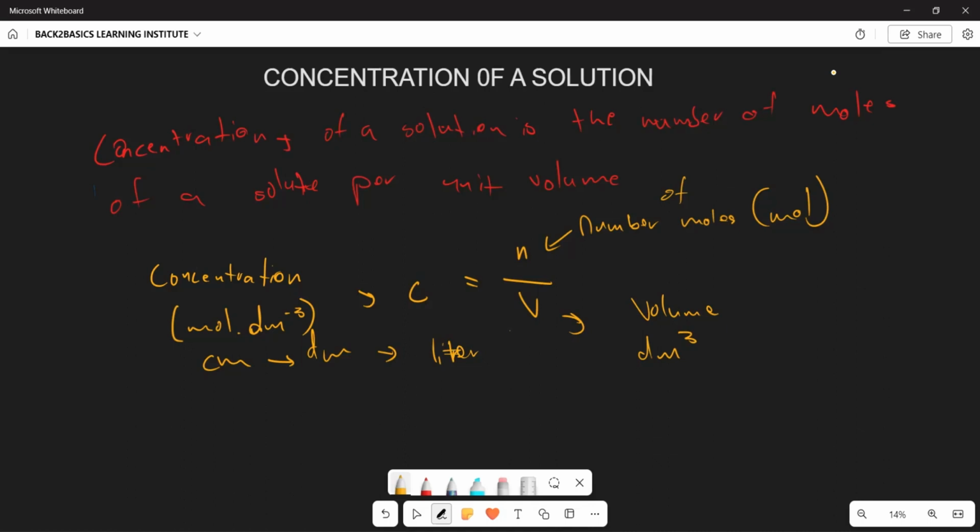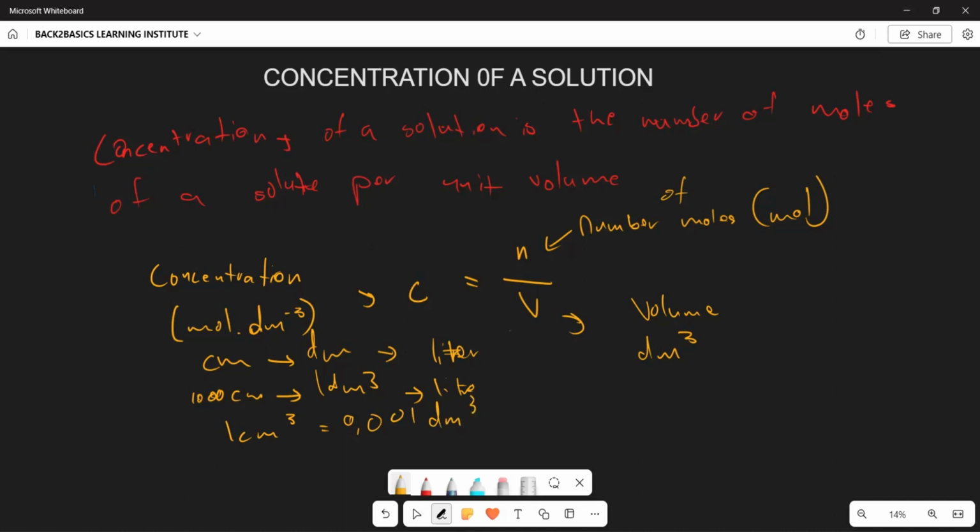Now, if you have 1,000 centimeters cubed, it represents 1 decimeter cubed of the volume that it is going to occupy, which is also the same as 1 liter, right? So if you have 1 centimeter cubed, this is going to be 0.001 decimeter cubed altogether.